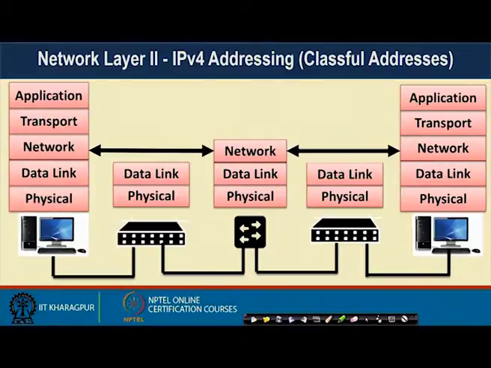The initial version of the Internet Protocol was IP version 4, and nowadays also most of the time we use IPv4. There is another version of IP which people have explored, which is not generally used, but in many cases or in many countries that version is also being used.